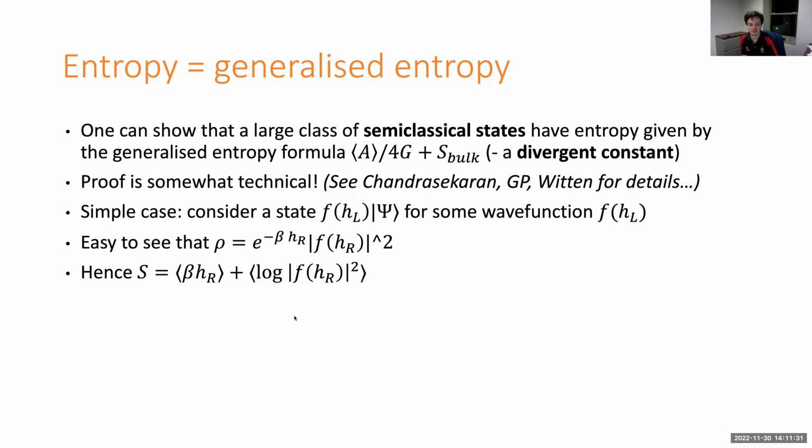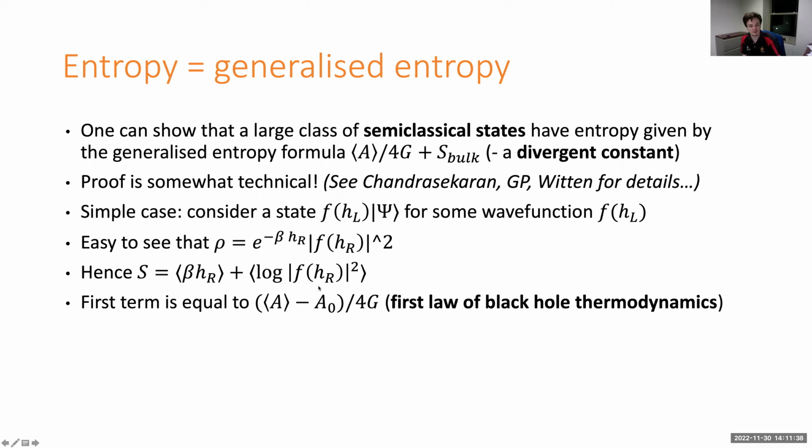Okay. In the Hartle-Hawking state, the boost operator is 0, so HR is equal to HL. But this first term, the first law of black hole thermodynamics, says that if you don't have any matter excitations, then small linear changes in the ADM mass are just proportional to small linear changes in the horizon area.